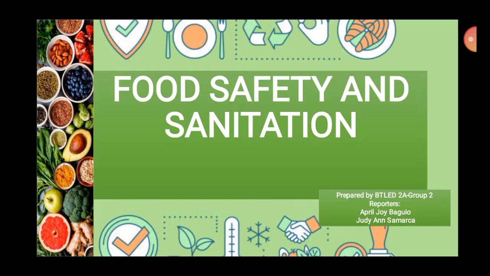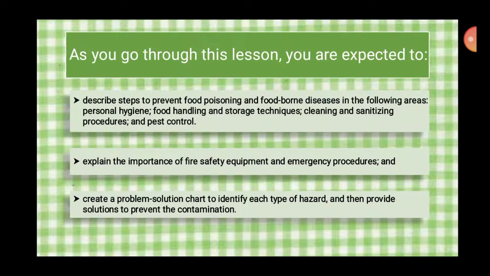We're going to discuss food safety and sanitation. As you go through this lesson, you are expected to describe steps to prevent food poisoning and foodborne disease in the following areas: personal hygiene, food handling and storage techniques, cleaning and sanitizing procedures, and pest control.